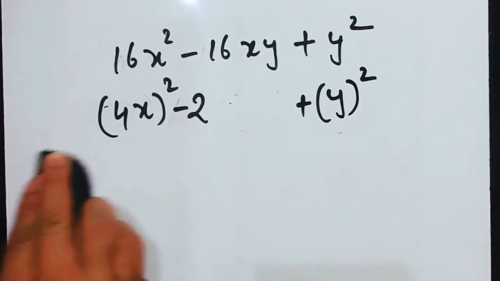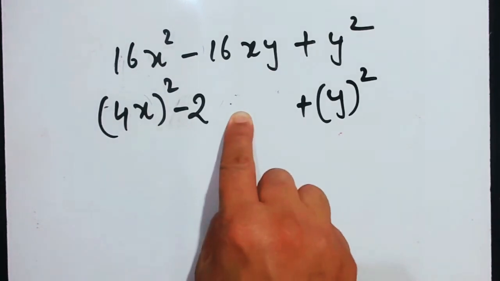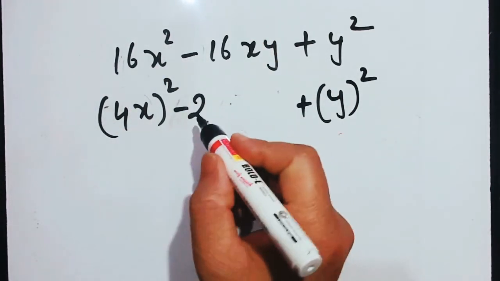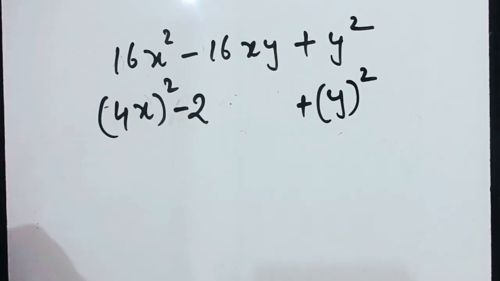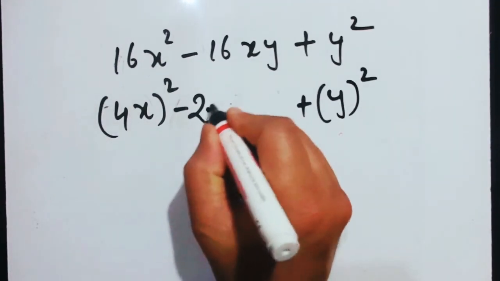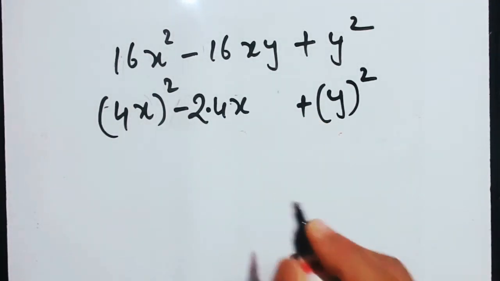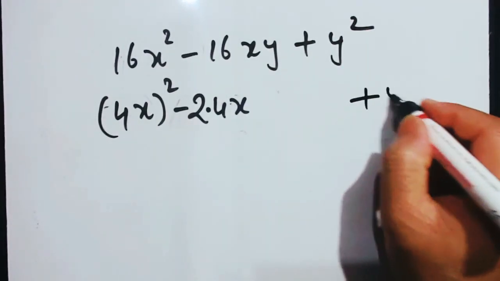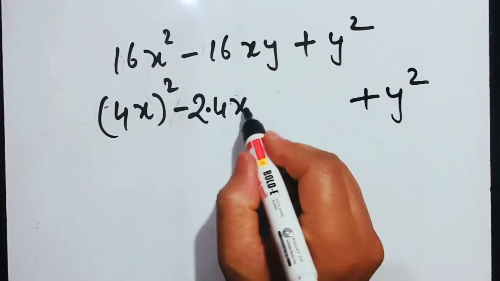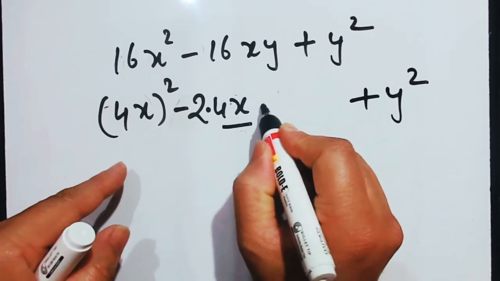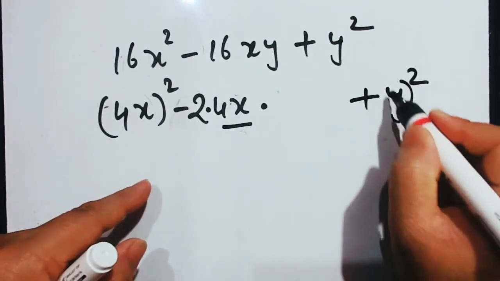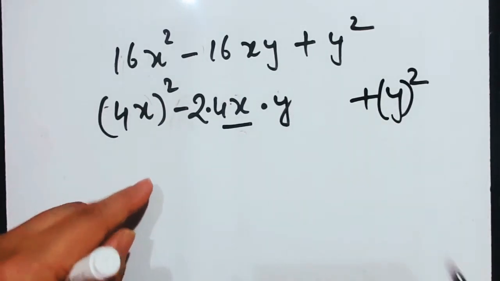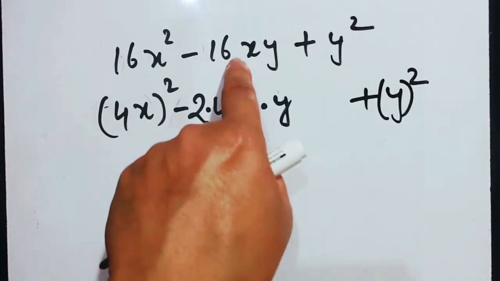So now let me see if the middle value is equal to this value. In the middle it should come 2 times a into b. Let me write it separately: 2 times a, that is 4x, times y. And let me see if this particular value is equal to this.